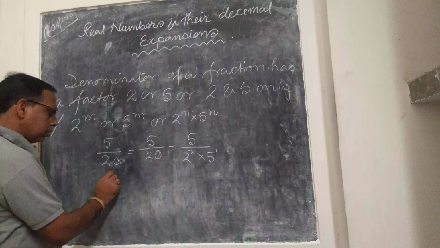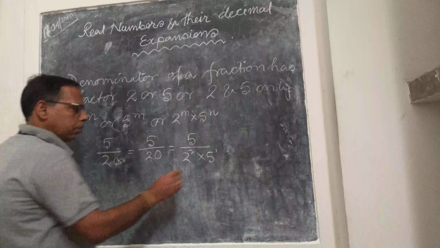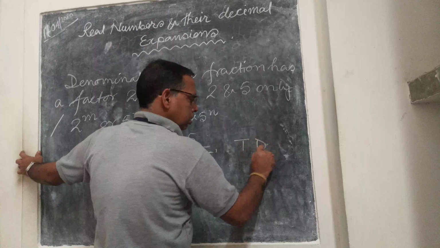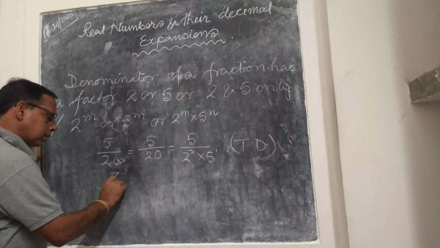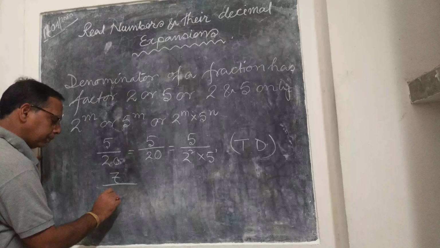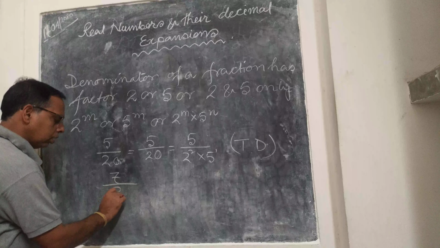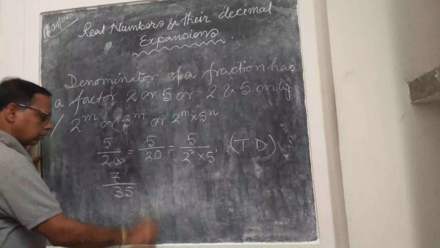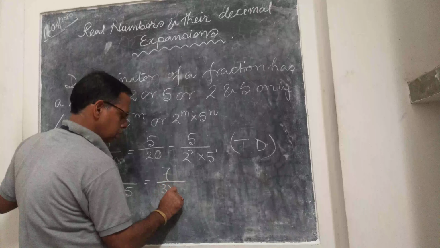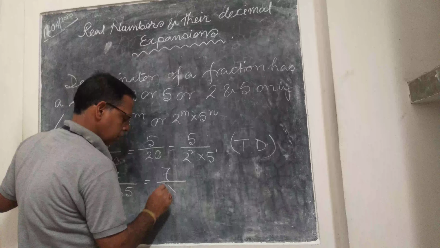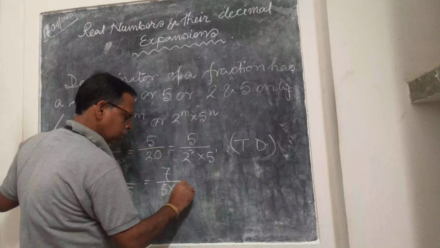On the other side, you see 7 divided by 35. Now 35 is 5 into 7.